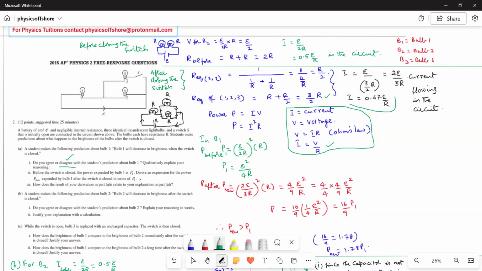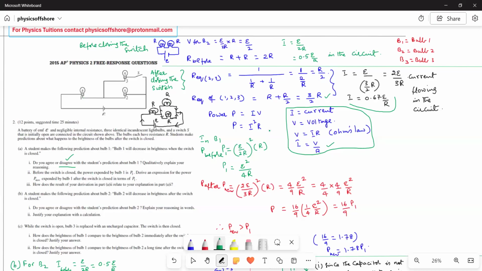Before the switch is closed, he gave it as P1, and we have to show that P new is greater than P1. Then bulb 1 will be brighter. So how it will be, we will see.